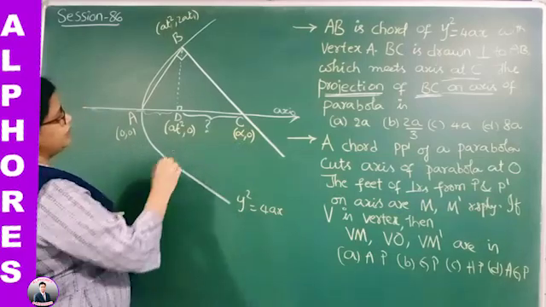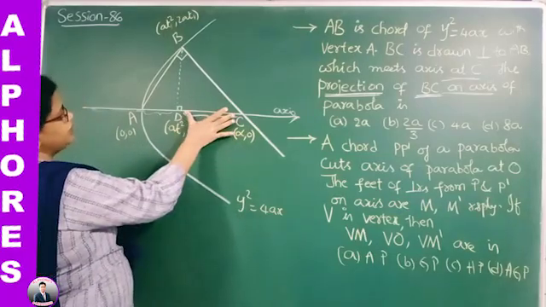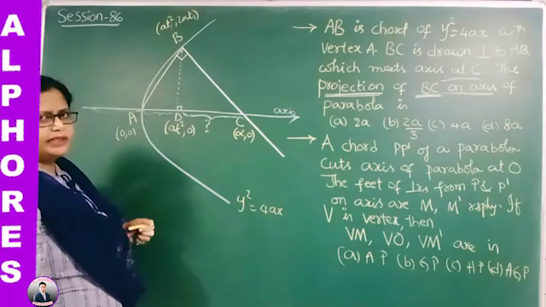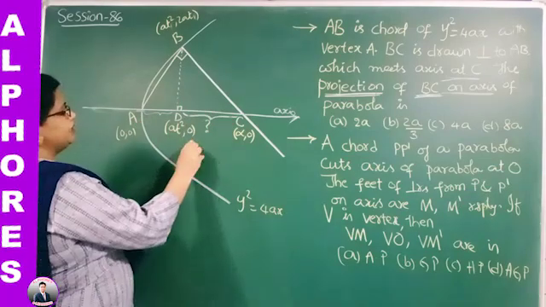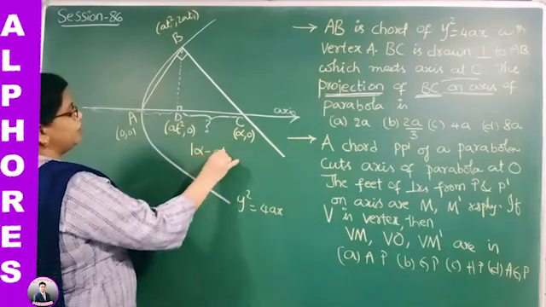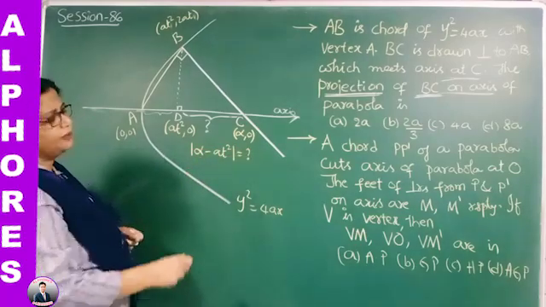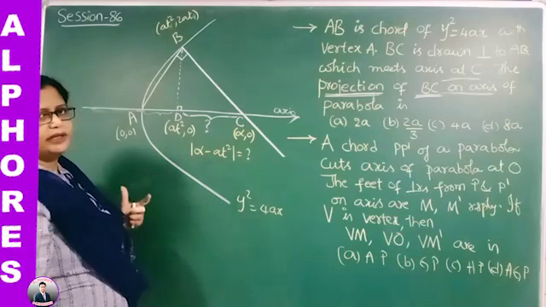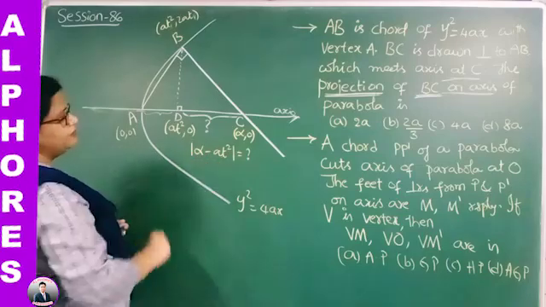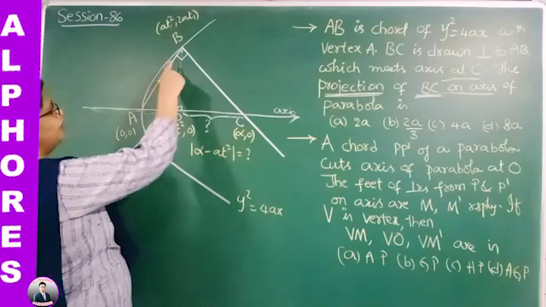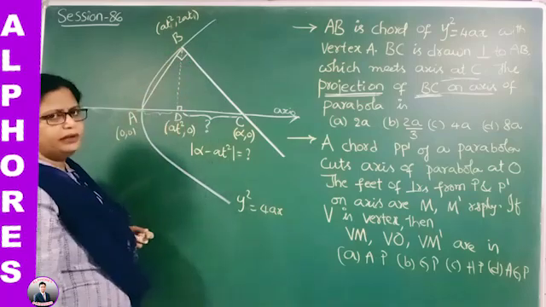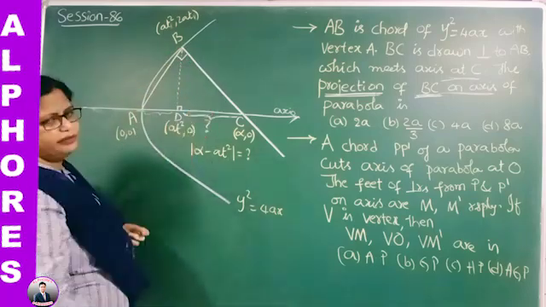Therefore what is the requirement, students? The requirement is mod of (alpha minus at square), or mod of (at square minus alpha). This is our final requirement. To obtain this, we must make use of the concept of perpendicularity, because we have to use the given condition.